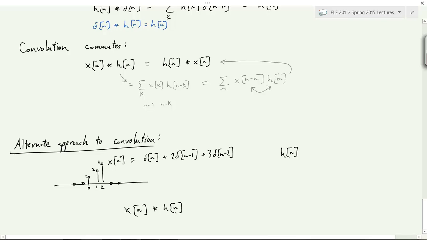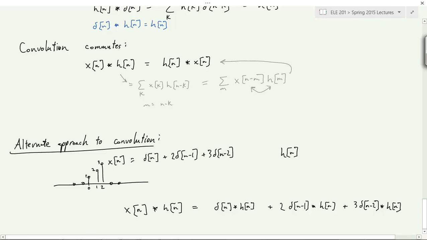And that is to realize that this equals, by linearity, delta of n convolved with h of n plus 2 delta of n minus 1 convolved with h of n plus 3 delta of n minus 2 convolved with h of n. So if I can do each of those easily, then I can do the whole convolution very easily.